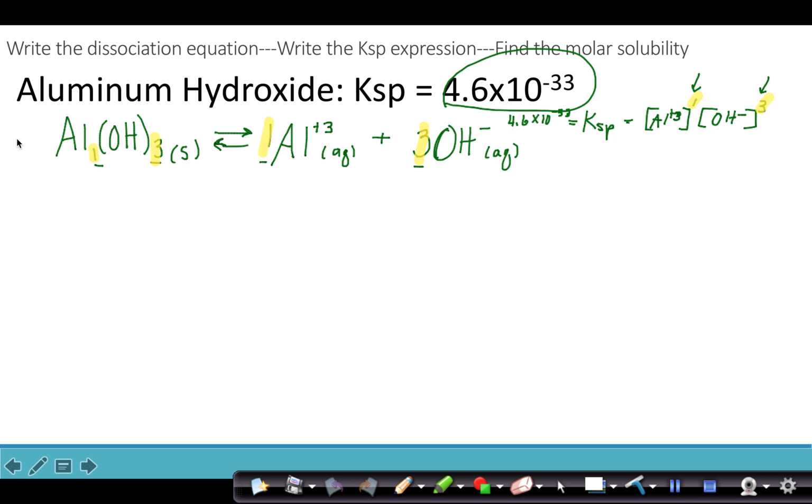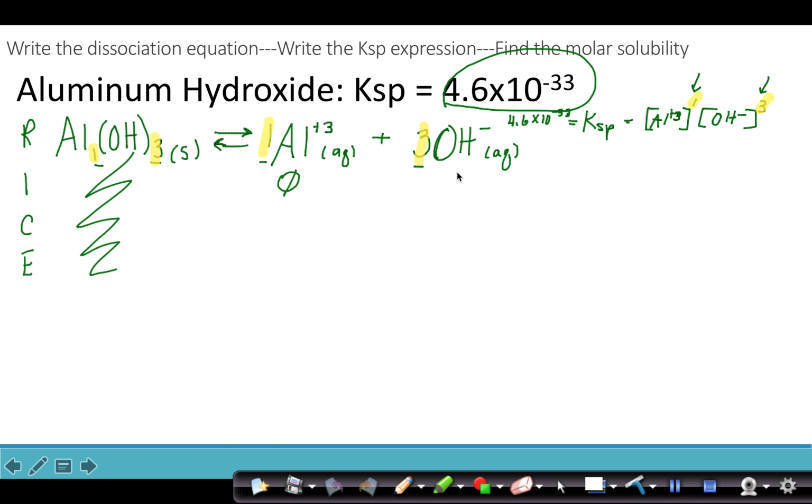When we write our, whether you want to call it a Rice chart or an ICE chart for the Ksp expression, because these are solids, we don't really include them at all because there is no such thing. We can't change the concentration of a pure solid or a pure liquid, so they don't come into our equilibrium calculations at all.